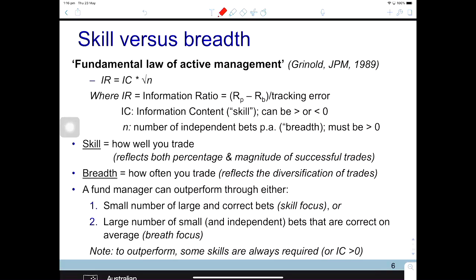So here we are going to have a look at a very important piece of work from the Journal of Portfolio Management. It's an old piece, more than 20 years old, but it's an important piece of the puzzle to lay out the future development of our knowledge in this area.